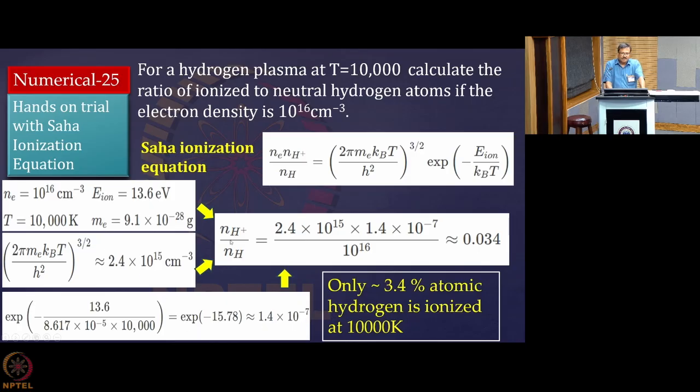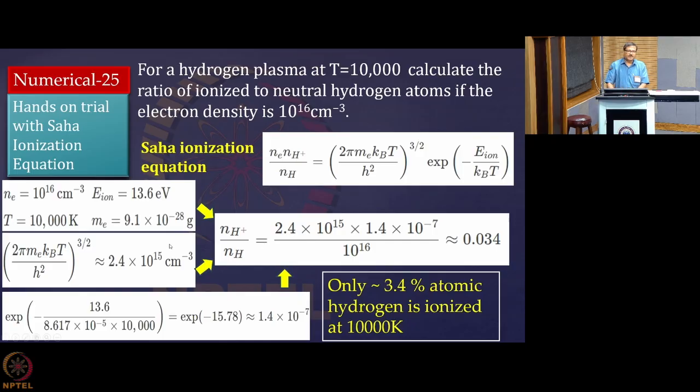So we now put all these things over here to get N_H+ by N_H, and what we find is 2.4 into 10 to the power 15, this one given, then N_e that is already given, 10 to the 16, and the value we get is 0.034. So around only 3.4% of the atomic hydrogen is ionized at 10,000 degree Kelvin.